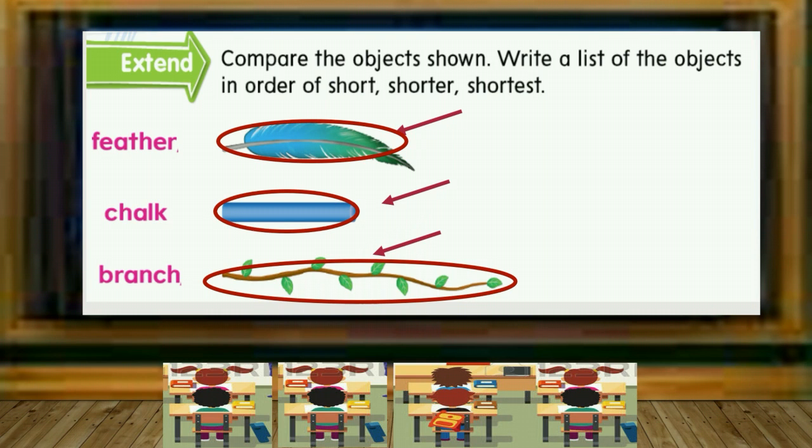Yes, very good. So the short is the branch. The shorter is the feather. And the shortest is the chalk. So we have branch, feather, and chalk. Very good.